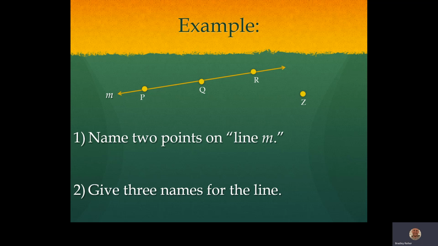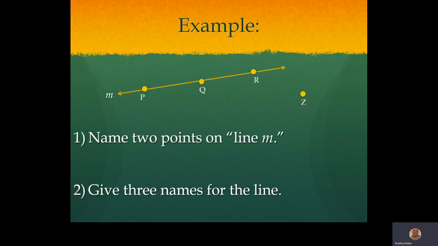It's the line that goes through point P and goes through point Q. Now, you could have also named it line QR because R is on that same line. Or if you wanted to, you could reverse the letters. You could name it line RQ. Or you could have named it line QP. Okay, another possibility would be line PR because again, both of those points are on the line.